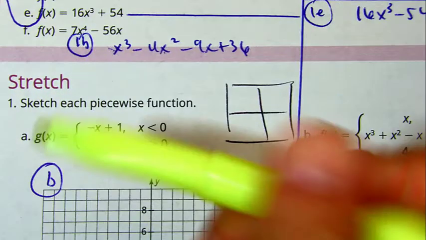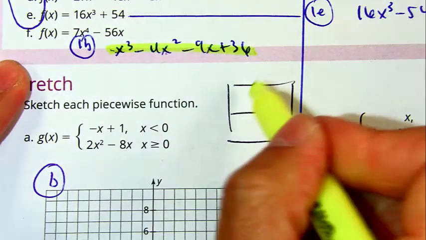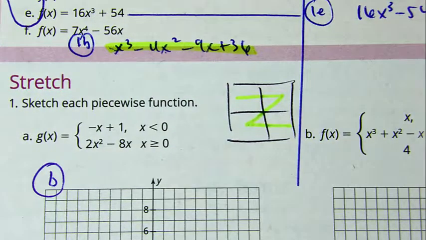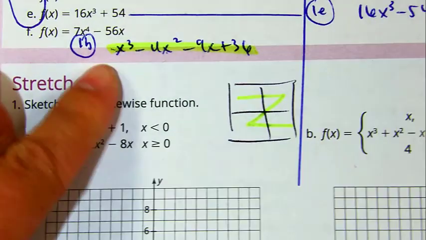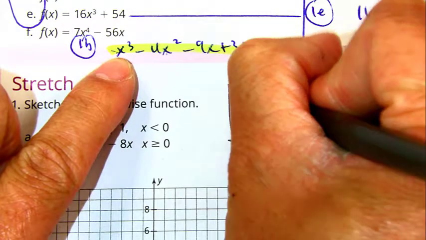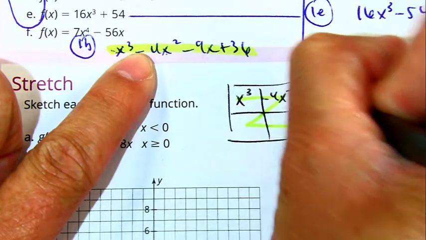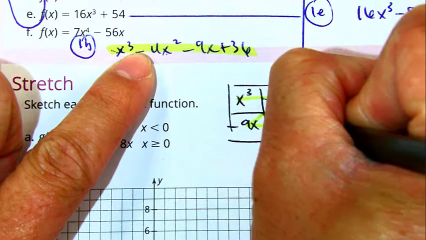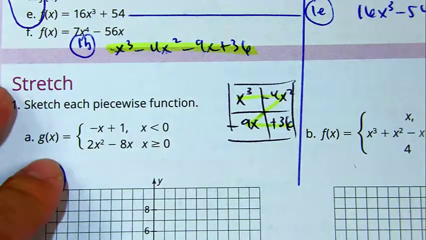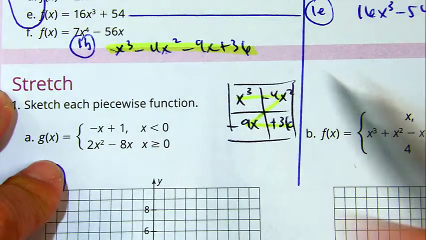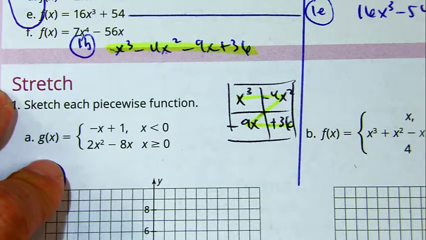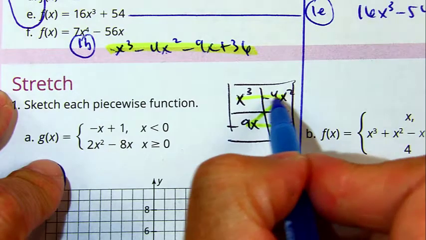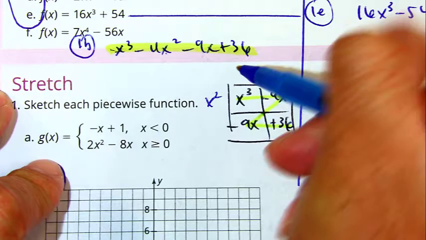Remember, we talked about using the letter Z. Fill the inside. Once I got stuff on the inside, now I'm trying to get stuff on the outside. I got x squared. I got an x.